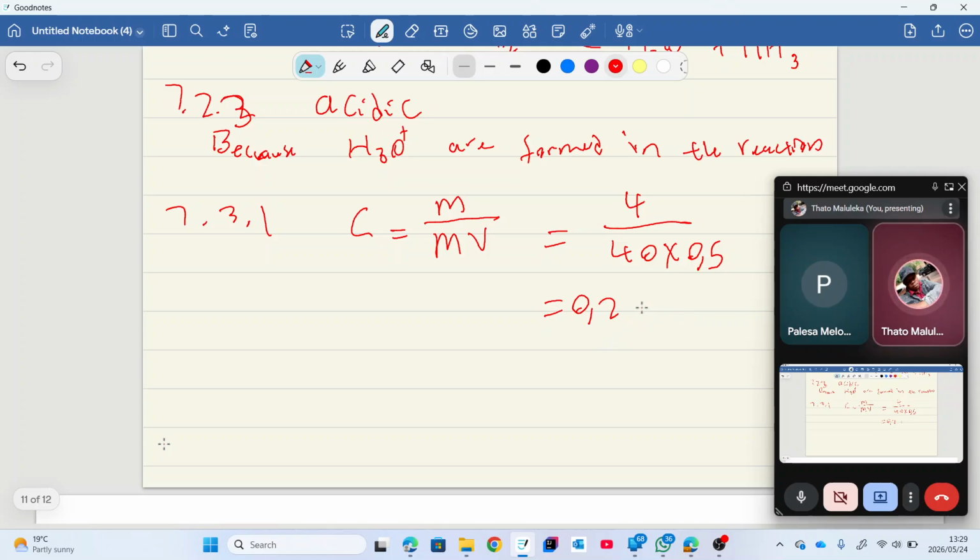So I get 0.2 mole per cubic decimeter. Yes, I got the same.